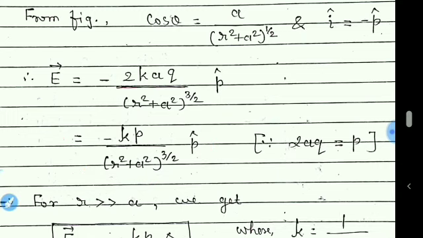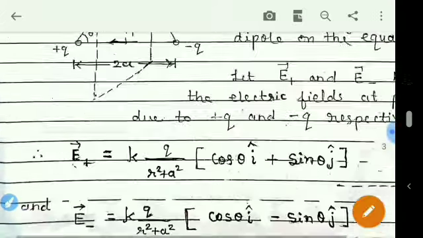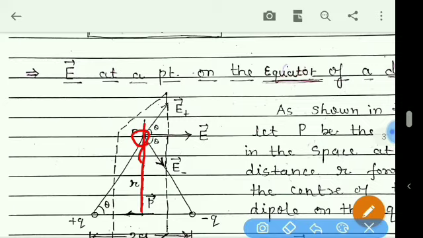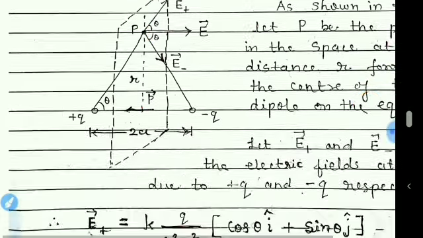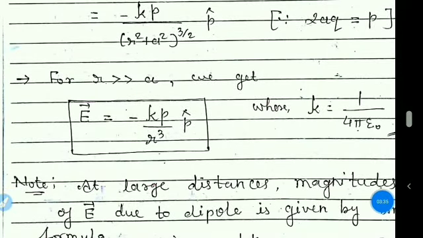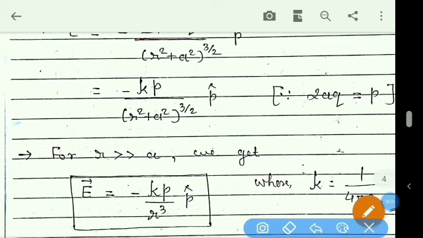Now if we take this point P at a large distance, you can see here this point P is taken at this distance, but if it is taken at a large distance, then this formula, which is obtained here, will take the simple relation.